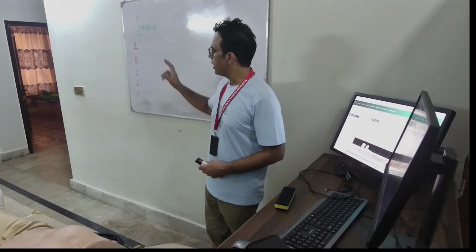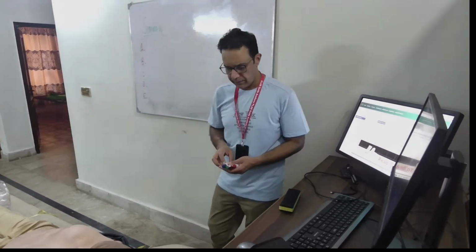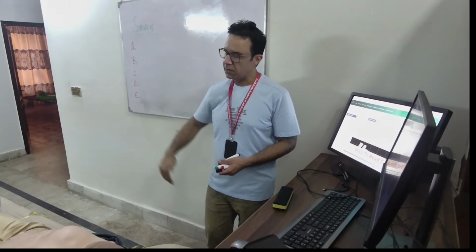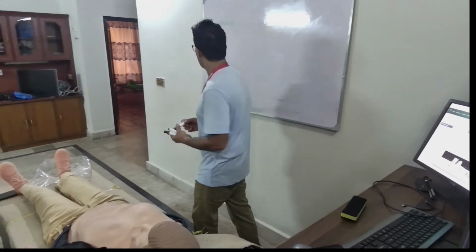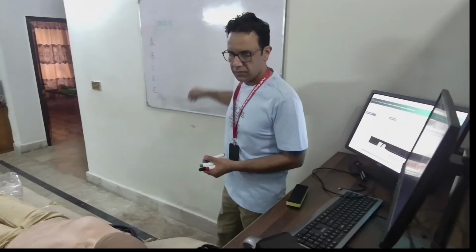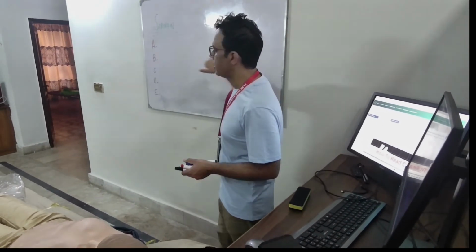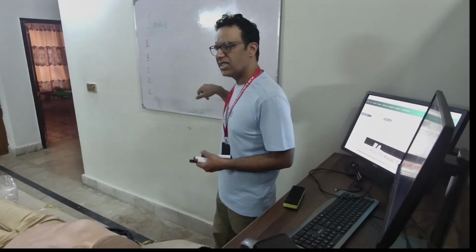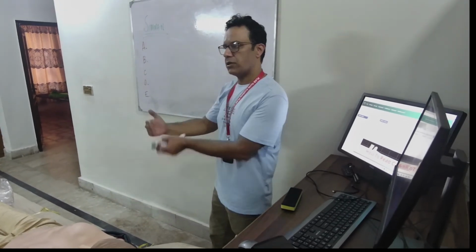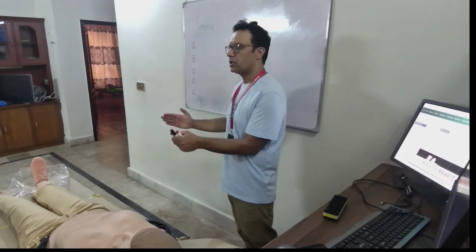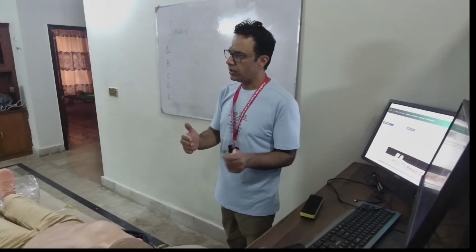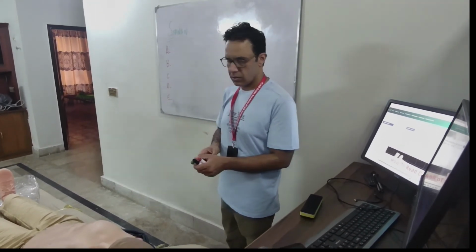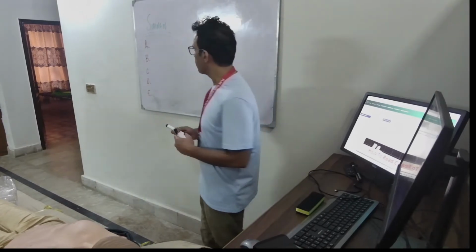Now, A, B, C, D, E. That's a vertical progression from A to B to C to D, E. And there is a horizontal progression. What is a horizontal progression? Within A, within B, within C, that is applied within one particular system. So, what is it?